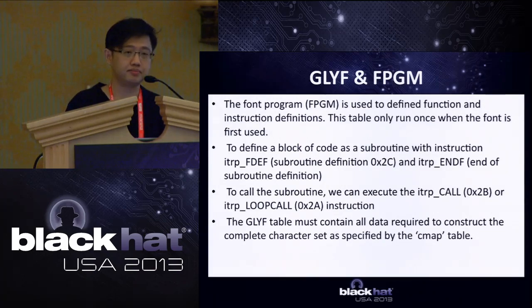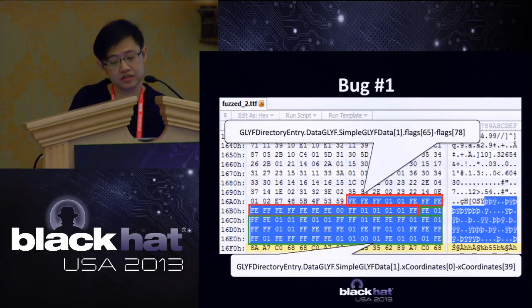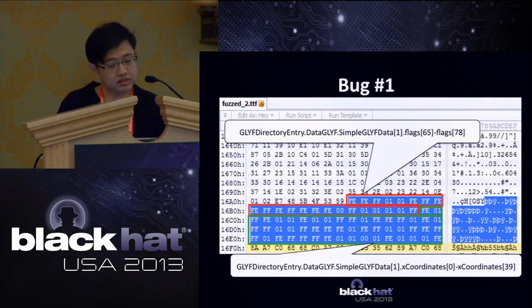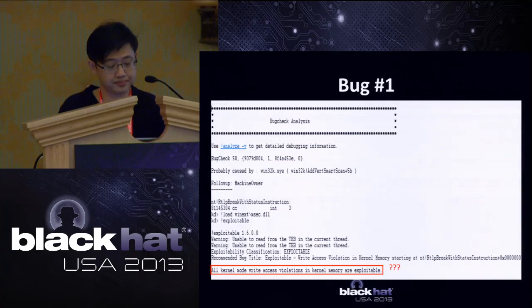The glyph table basically must contain all data required to construct the complete character set as specified by the cmap table. For the first finding, the mutation happened at flag 65 until flag 78 and x coordinate 0 until x coordinate 39. The mutated flag value and x coordinate value will be processed in function fsg_ExecuteGlyph, and the controllable x coordinate value in function will cause the copying process to overwrite non-paged pool kernel memory.